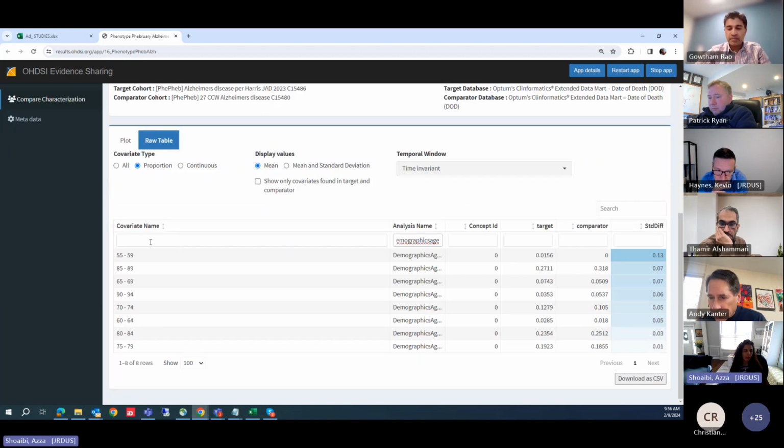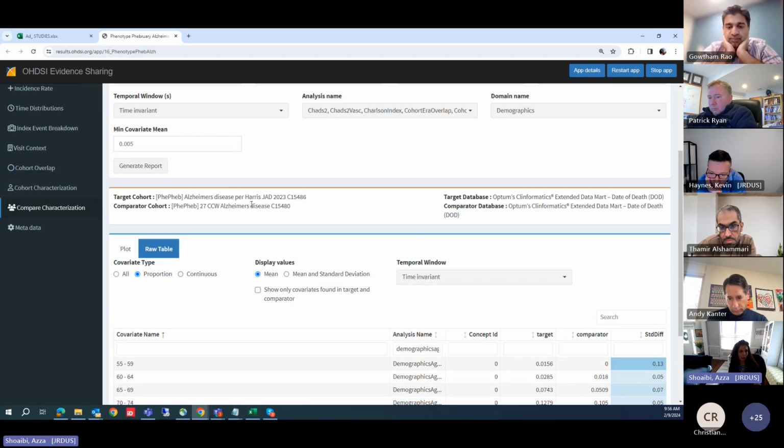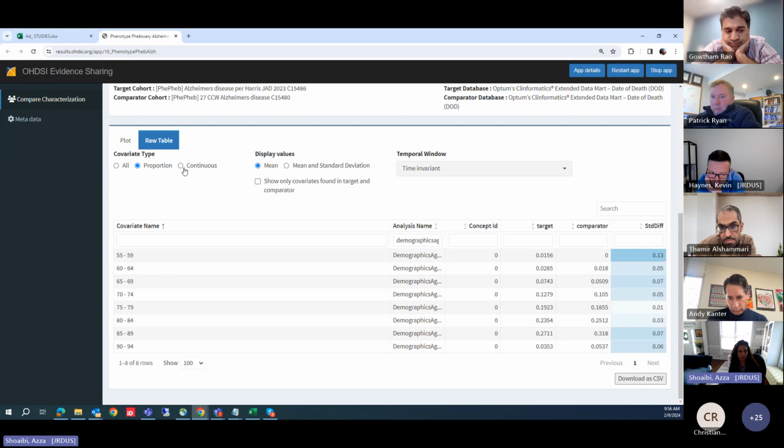Okay, so here it's giving me the age distribution across the target and the comparator. Our target, we picked our target being Harris, and our comparator being 27 CCW. It's giving me 10 different age groups that exist in the standard feature for age in OMOP.